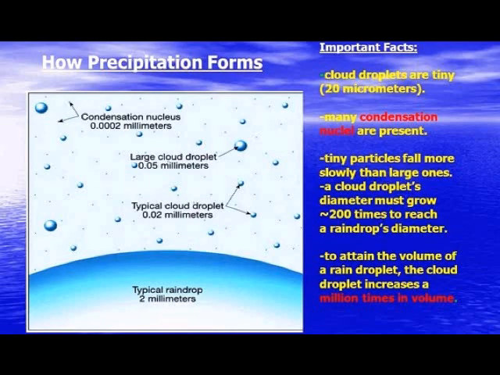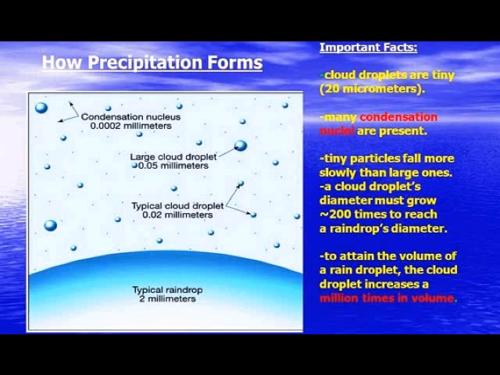So in this diagram, it gives us an idea of where these key important elements are, with regards to altitude, and on the right hand side just gives us a few important facts. So cloud droplets are 20 micrometers in size, which is very small. You can see where they start to form at what altitude.